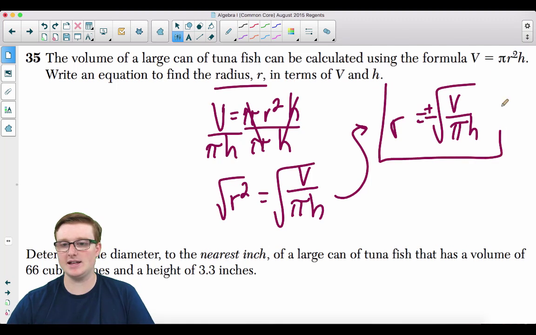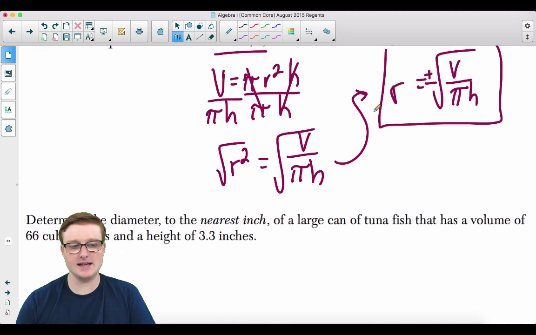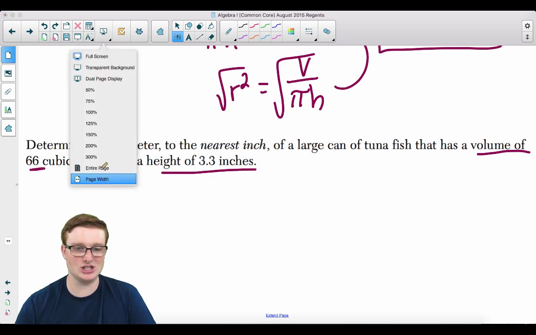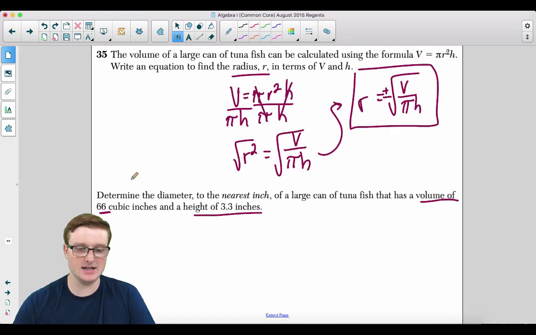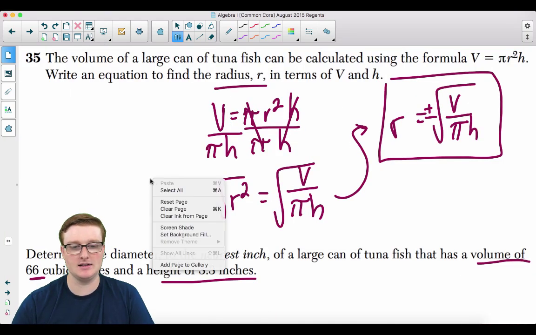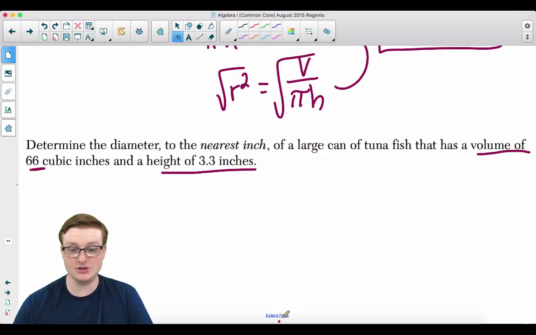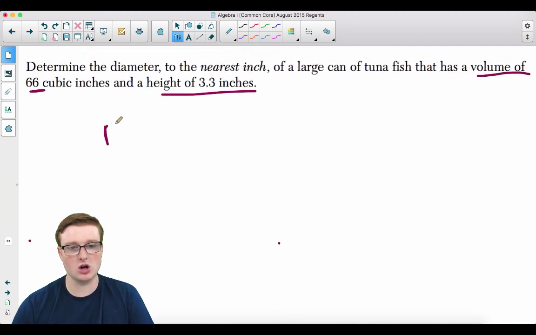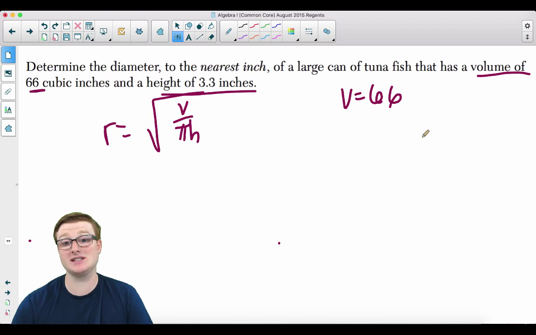Okay? That's your answer. And then it says determine the diameter to the nearest inch of a large can of tuna fish that has a volume of 66 and a height of 3.3 inches. So what that means here is it should be buzzing around into your head that you have to take your formula, which is r equals the square root of v over pi h, and plug in v is equal to 66 and h is equal to 3.3.